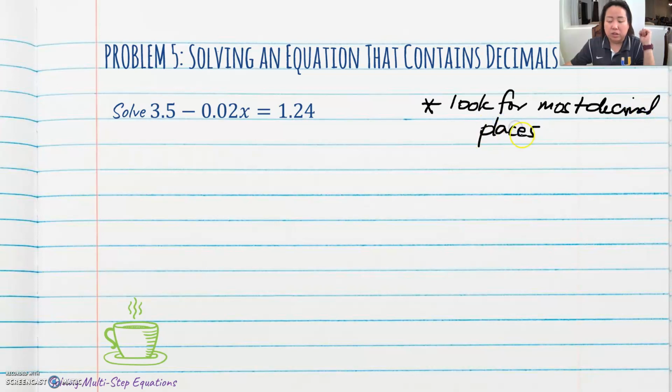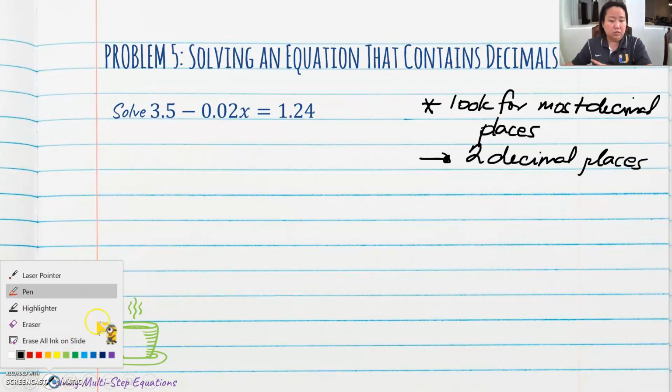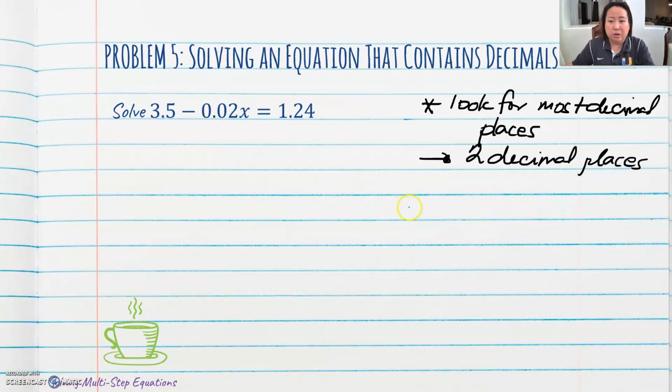So that will give you an idea what your multiplier will be. So in our case, you have 1 decimal place, 2 decimal place, 2 decimal place. So in this particular scenario, 2 decimal places is the highest. Okay? So what does that mean? It means the 2 decimal places already tells you the number of zeros of the power of 10 that you will have to multiply to make them all whole numbers.